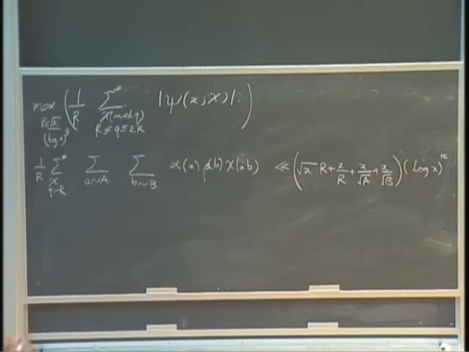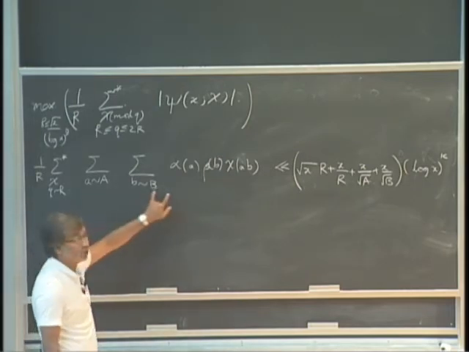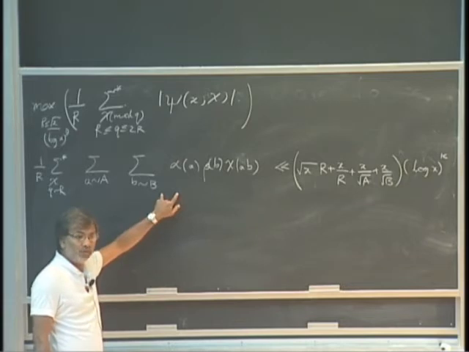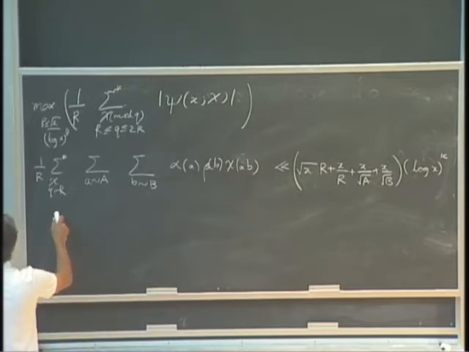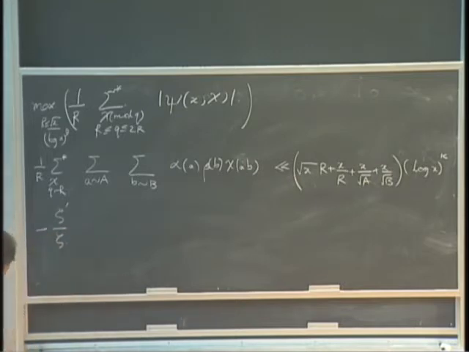Then the next step was to obtain a decomposition of this type where I can replace lambda n by bilinear forms where both variables are not too small. And for this, we used the following trick. We wrote zeta primed over zeta.